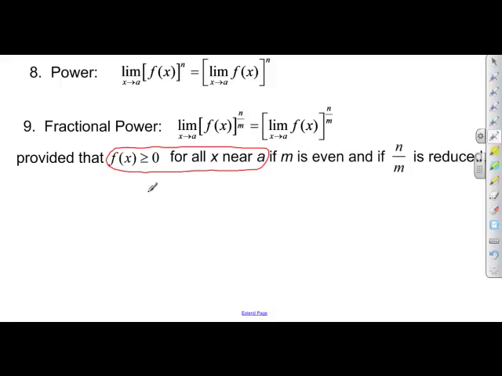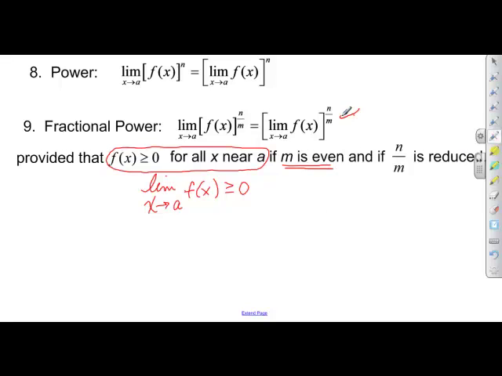What that's telling me is that the limit as x approaches a of f of x has got to be greater than or equal to 0. It's got to stay positive. Can't have any negatives if m is even.